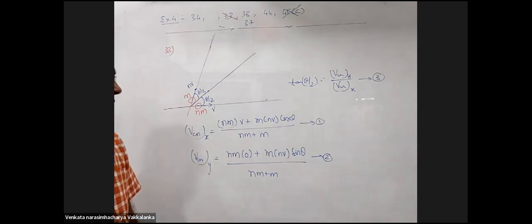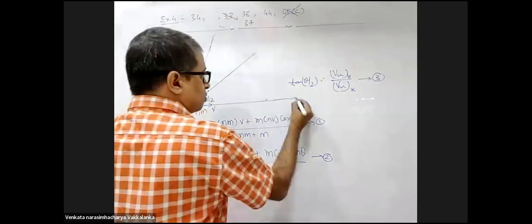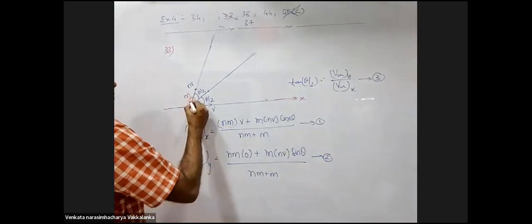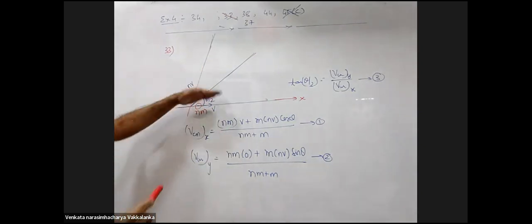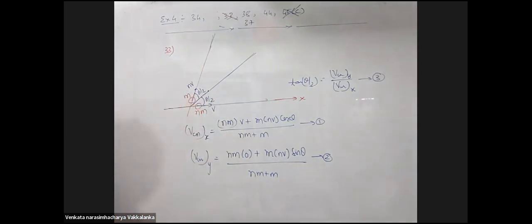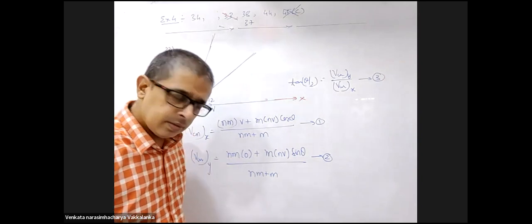Sir, should it be M into nv into sin theta by 2? This is x-axis first. No, this will be cos theta and sin theta, not theta by 2. Projected along x and along y. Sir, the answer is coming.